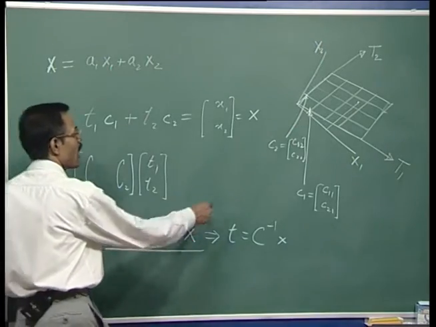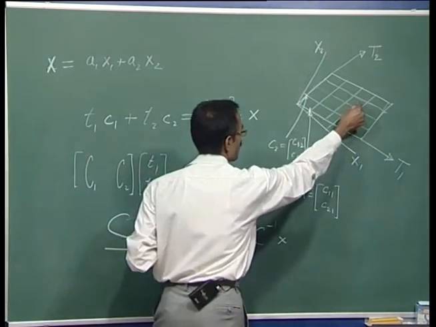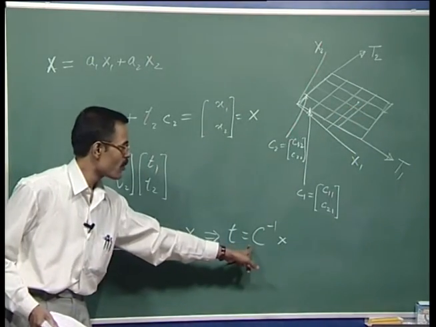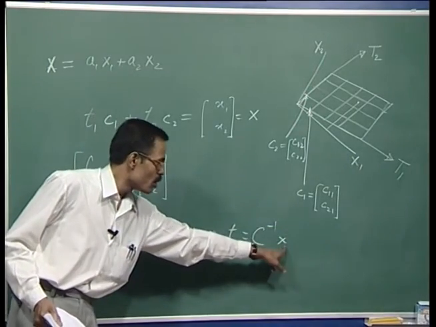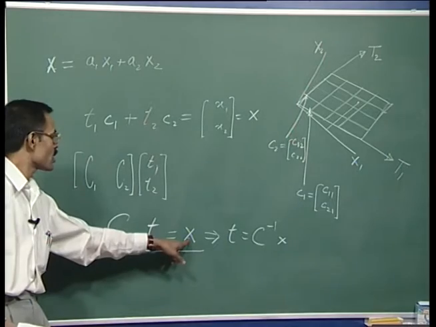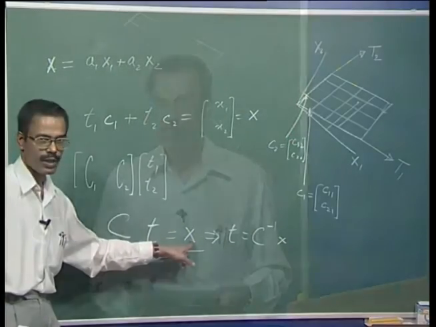So, that will tell us how many steps along this we go here and here to find this point, right. So, this tells us the conversion from the old coordinates to the new coordinates, and this tells us the conversion from the new coordinates to the old coordinates.